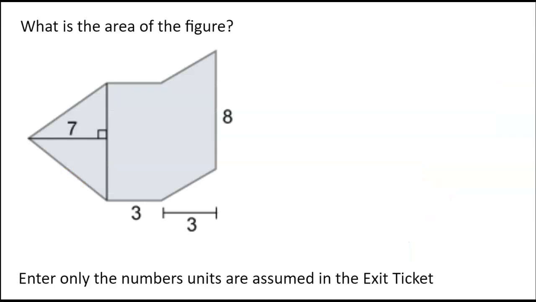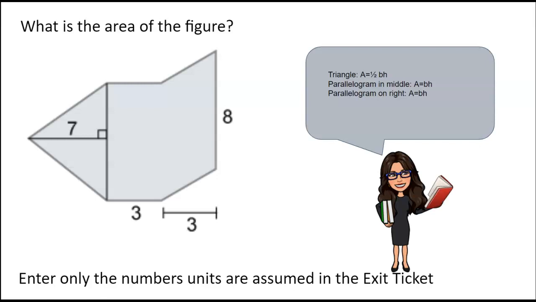What is the area of this composite figure? When we decompose, which is what that's called when you break it up, when we decompose this figure, we notice that we have a triangle with an area of half the base times the height.